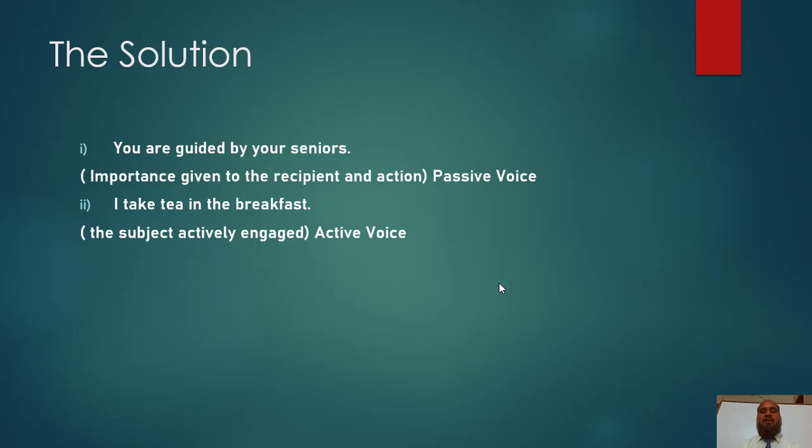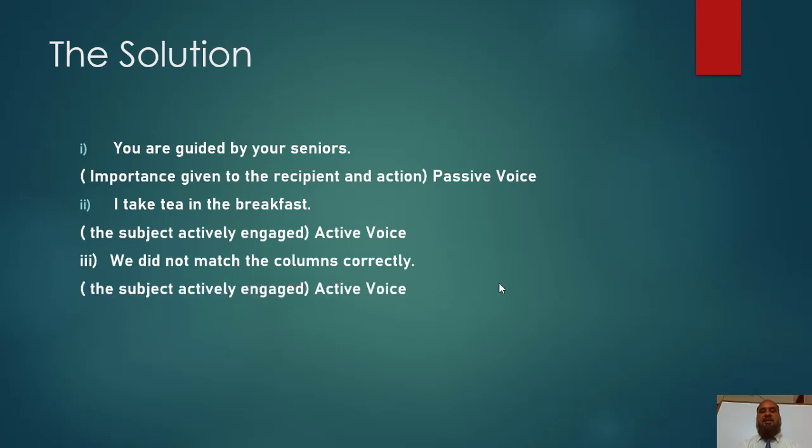Now see sentence number 3. We did not match the columns correctly. In this sentence, observe, is the subject actively engaged or action or recipient is given more importance?